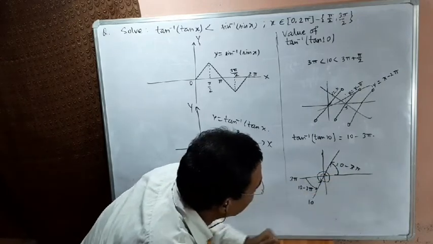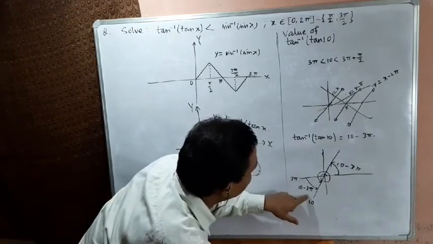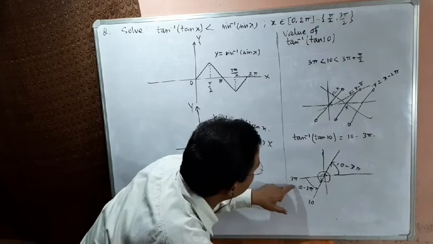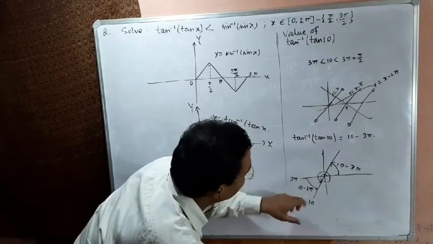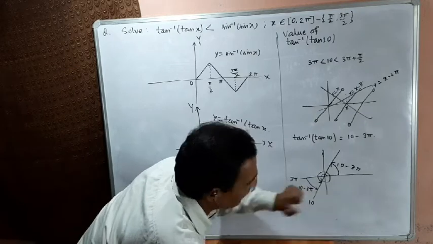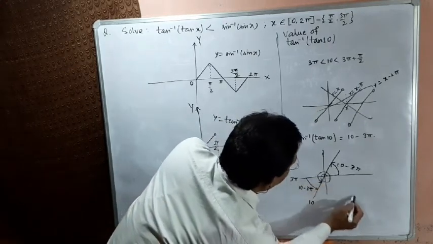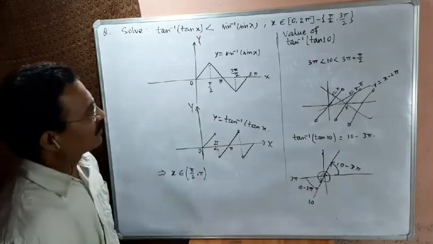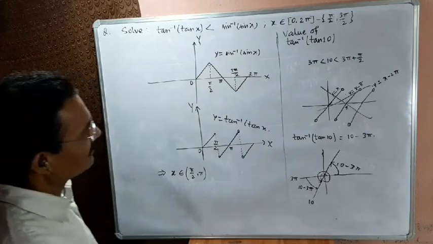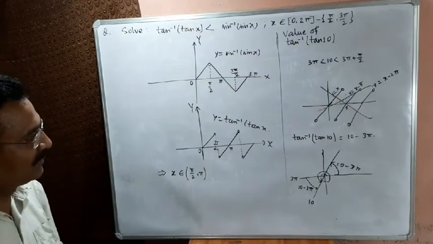And in the fourth quadrant, we may find this like 10 minus 3 pi, just we change the sign of this angle, that is minus of 10 minus 3 pi, that is 3 pi minus 10. So then it would be like this, and this angle can be written as 3 pi minus 10. Such types of problems can be done without using the graph, but we can use the graph also.